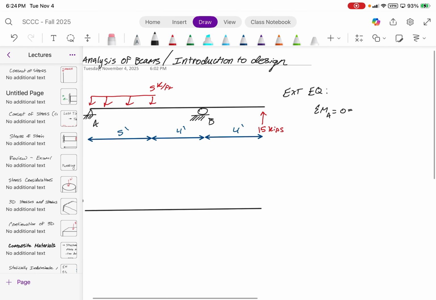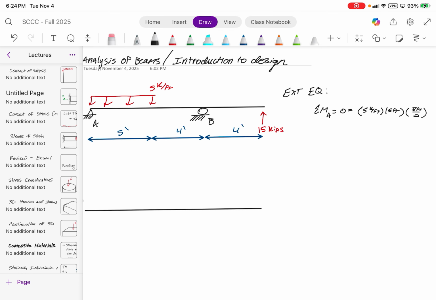All right. We are going to have 5 kips per foot times 5 feet. And this is the magnitude of this distributed load here. And then its location with respect to A is 5 feet divided by 2.